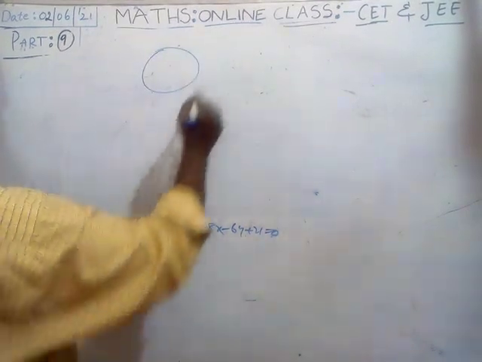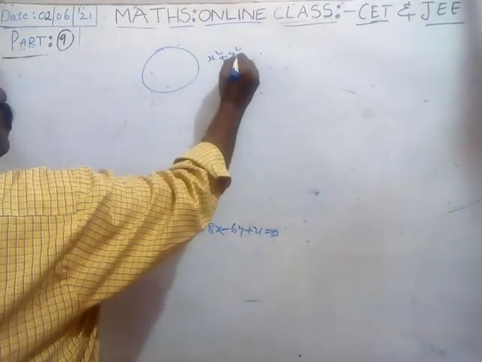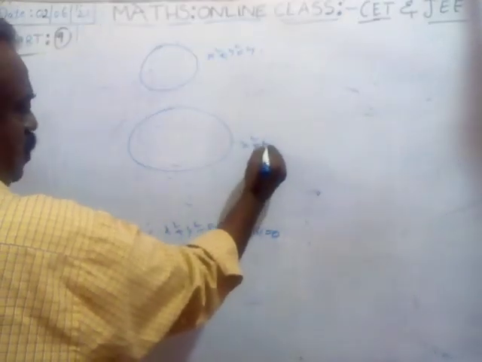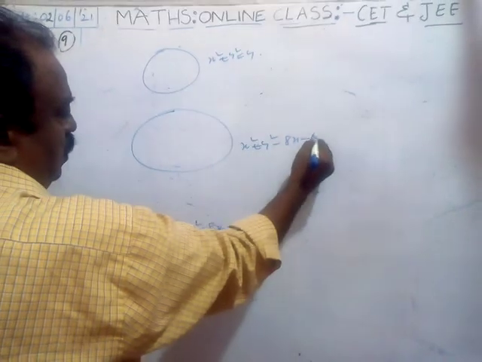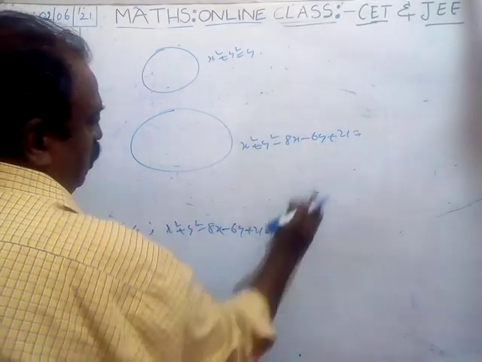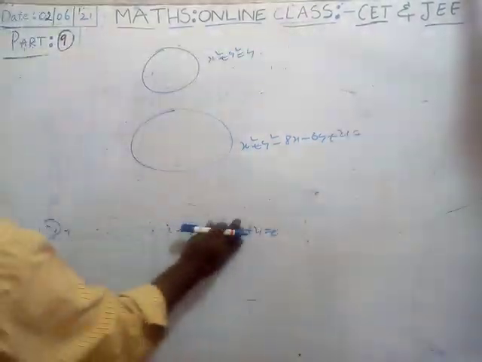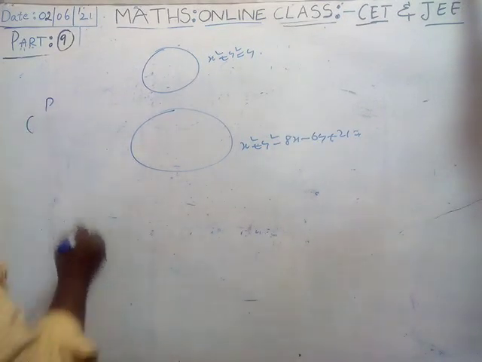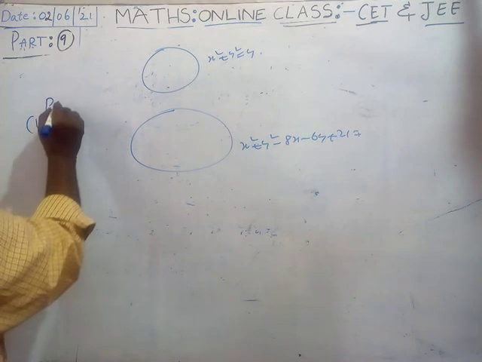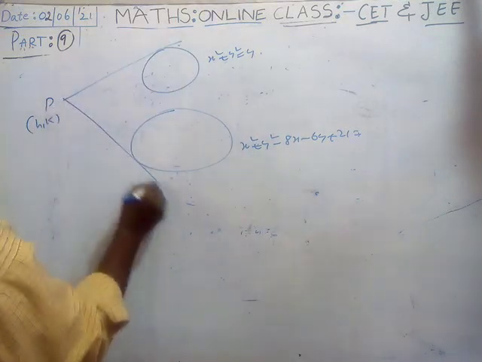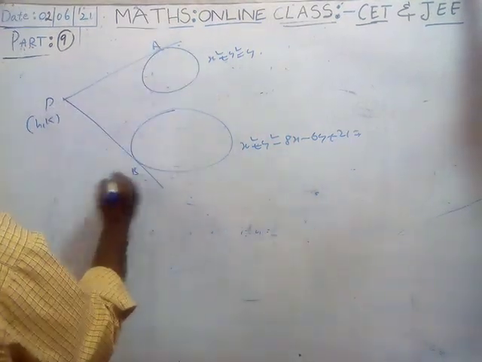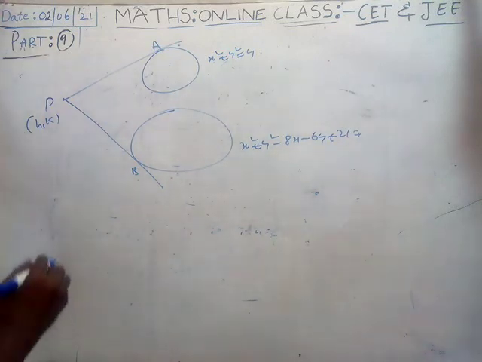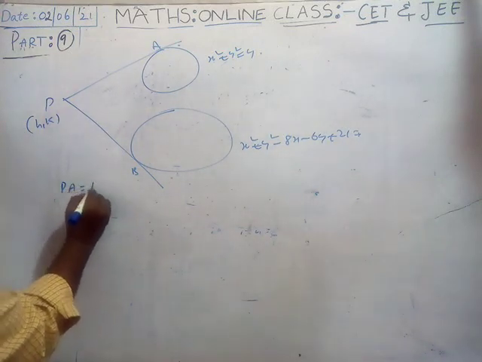One circle is x² + y² = 4, another circle is x² + y² − 8x − 6y + 21 = 0. And a point is there, say (h, k). The lengths of the tangents from P to the first and second circle, that means PA = PB.